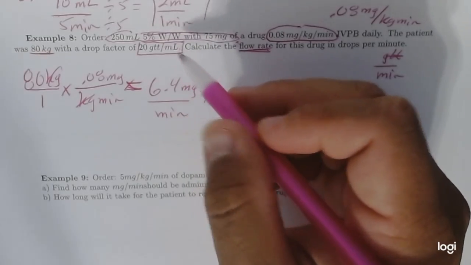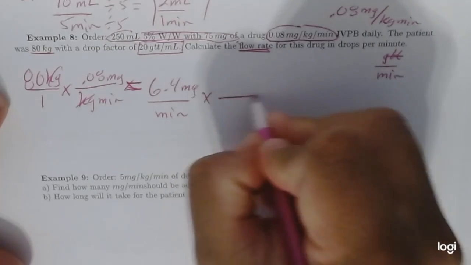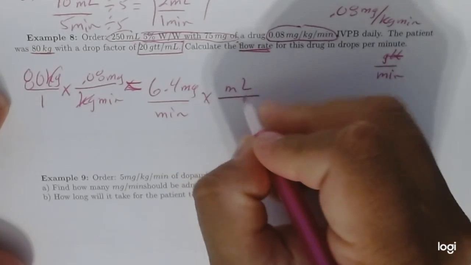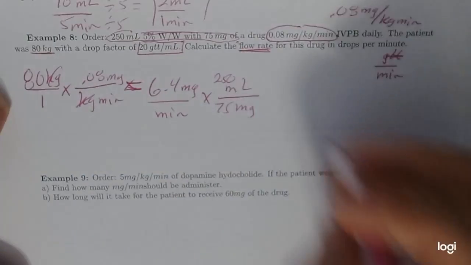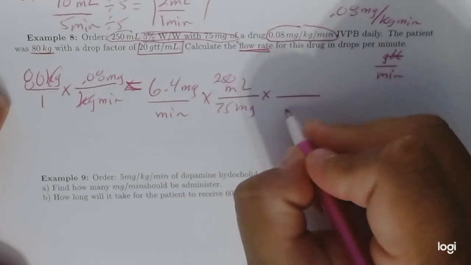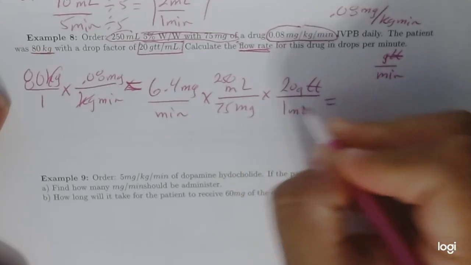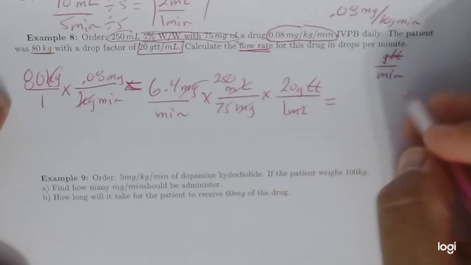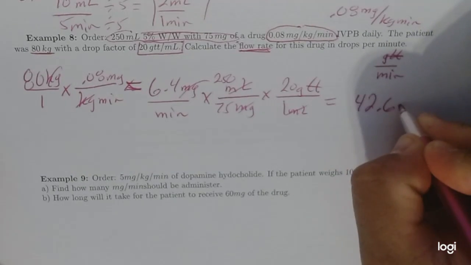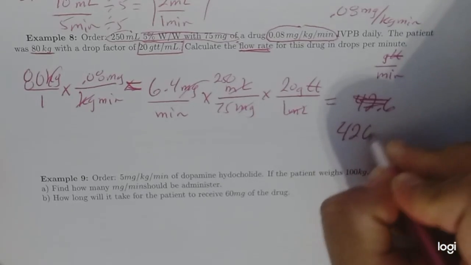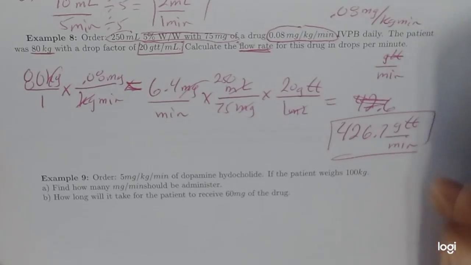Remember, it's 250 milliliters for every 75 milligrams, so milliliters has to go on top to get rid of the milligrams at the bottom. So this is 75 at the bottom, and the 250 on top. And then finally, we use our drop factor. For every 1 milliliter, we know there are 20 drops. So finally, canceling all of this out, we should get an answer of roughly 426.7 drops per minute. And there we go.